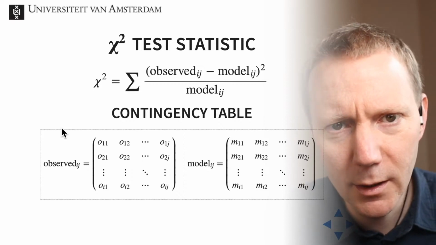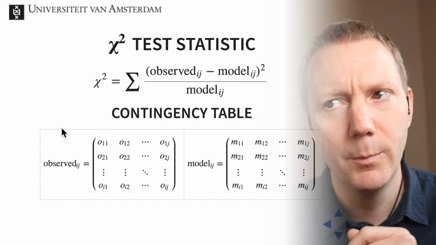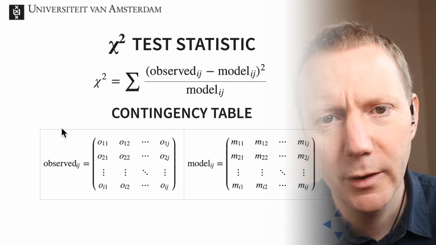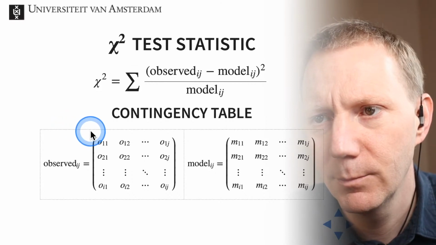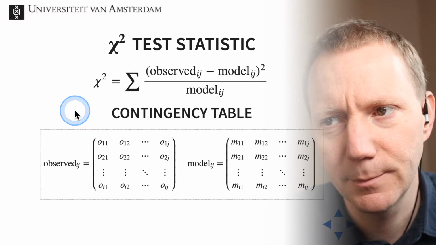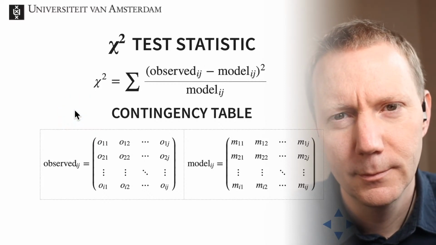You just combine your two categorical variables and fill in the number of people that you have in the cells. Does that make sense? Yes. Good.